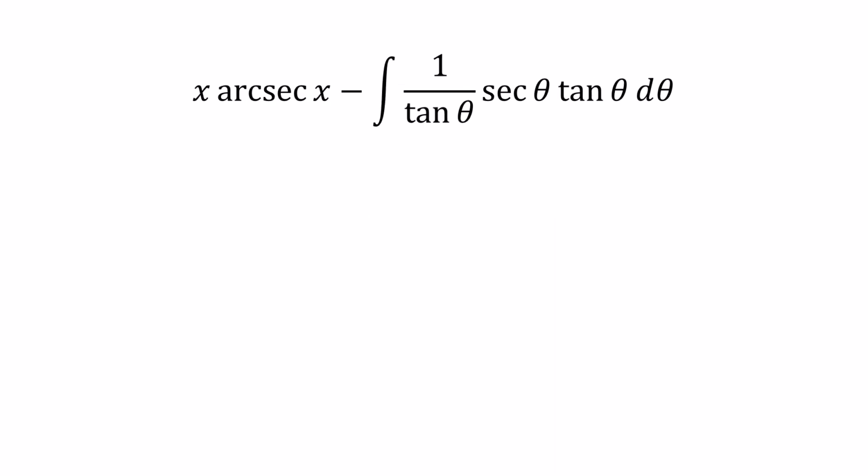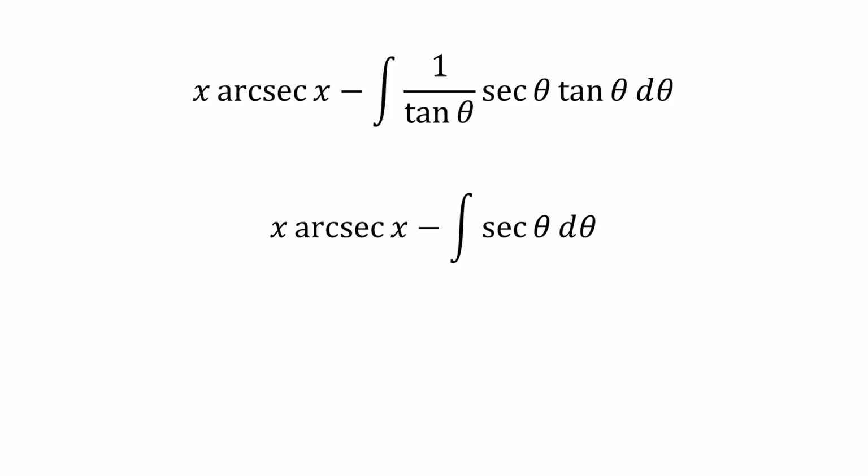Simplifying gives x arc secant of x minus the integral of secant of theta d theta.